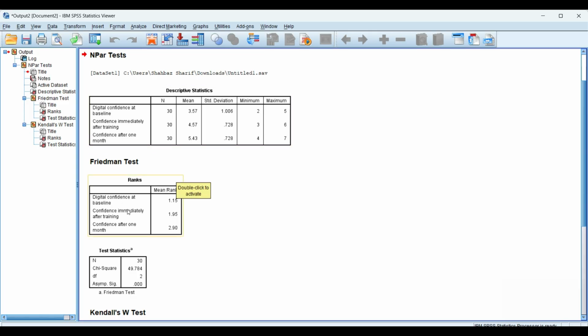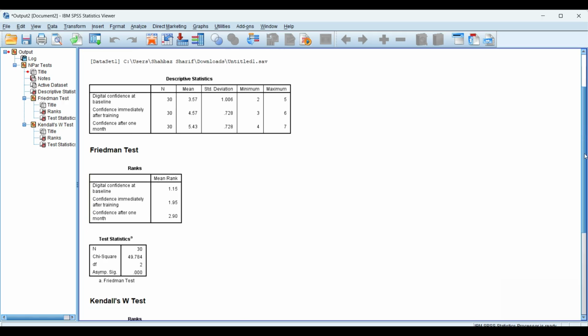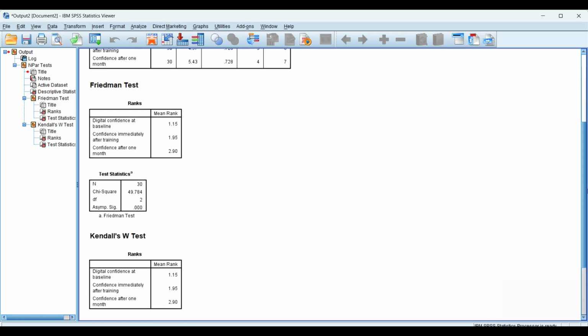When we see the mean ranks under the Friedman test, the mean rank was 1.15 at baseline, 1.95 immediately after training, and 2.9 after 1 month. So confidence was lowest at baseline and highest after 1 month. It means there is an increment and a large improvement.